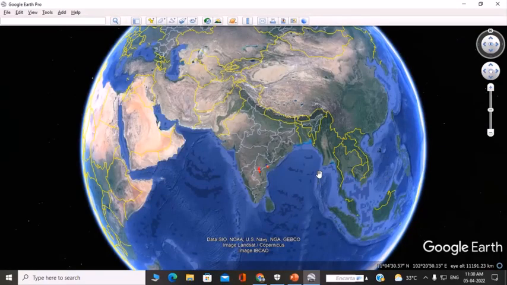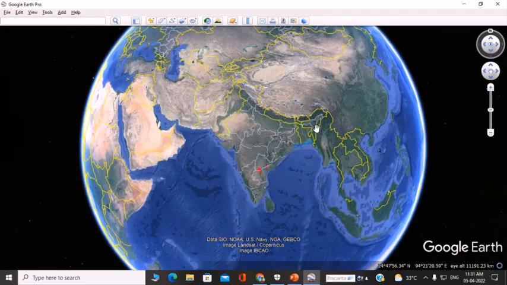Now let us see the topic in detail a little bit on Google Earth. Whatever we discussed about this numbering system, I repeat: the roads that connect east and west will have odd numbers, and north-south roads will have even numbers.